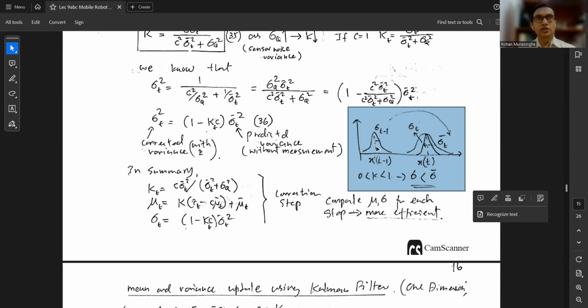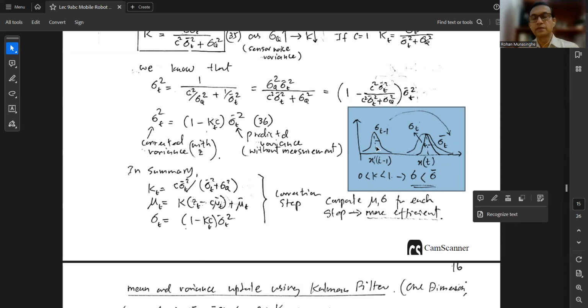So now what you do is you use the vehicle model and calculate a new probability density function. When I say new probability density function, you need to calculate two things: the mean and the variance. So you go from one mean and variance to another mean and variance. That's what we say: you are going from one probability density function to another.